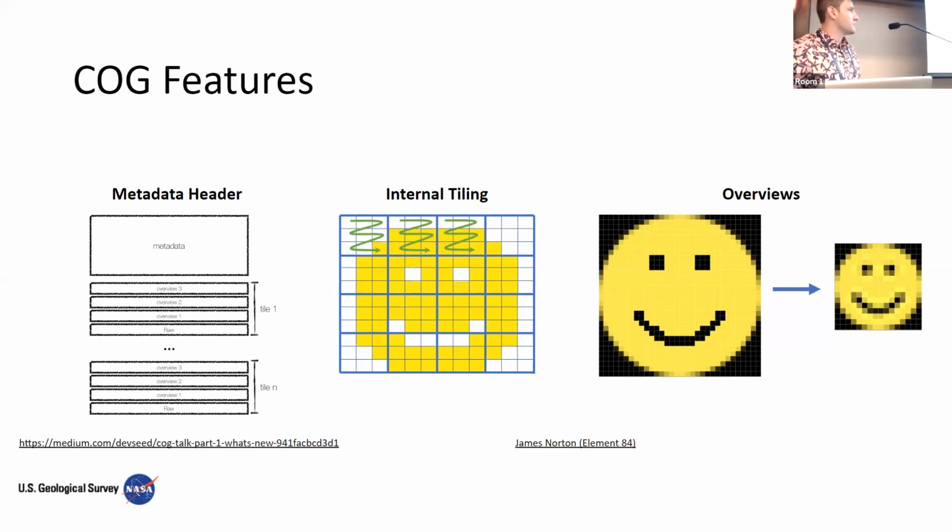And this is kind of a common strategy, I think, across all cloud optimized data formats. And then part of that also is, or the information contained in those headers is the internal tiling locations, and then also overviews or kind of coarser versions of the data that you're looking at.